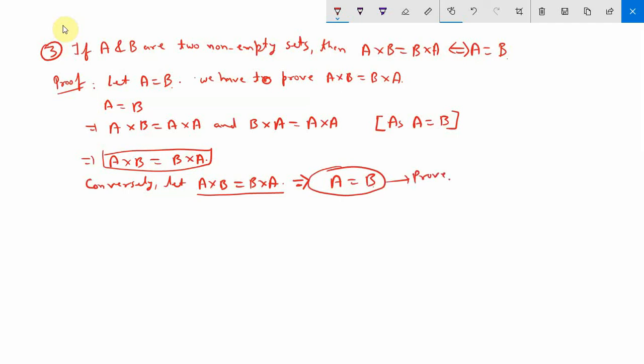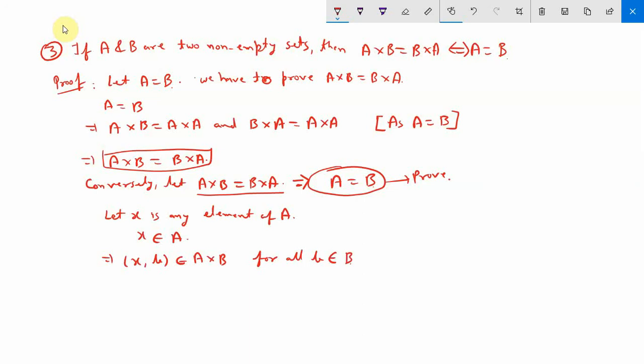So we will take any element, let X be any element of A. So we can write X is an element of A and the ordered pair XB is an element of A into B for all B an element of set B. Why we are doing this?